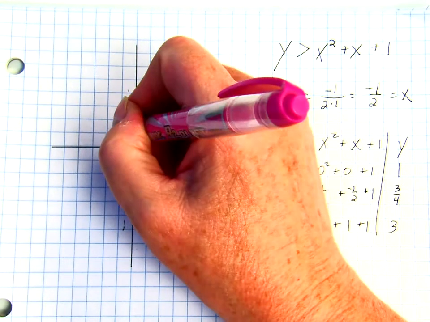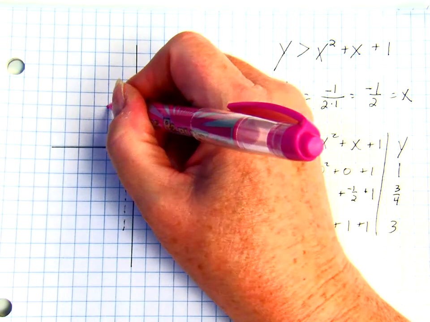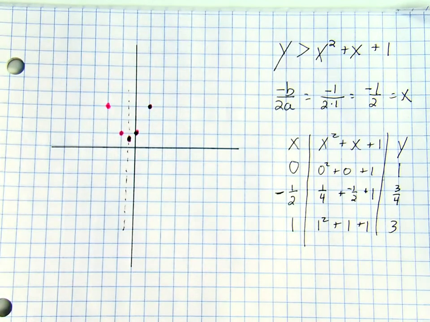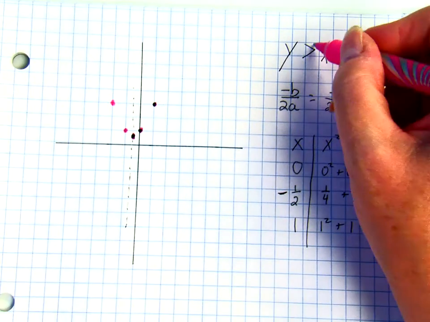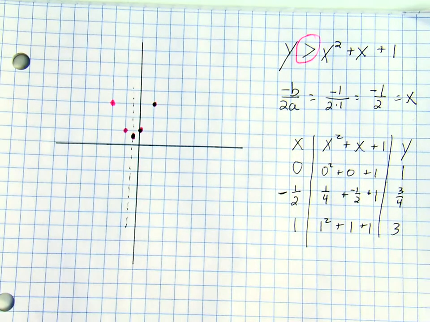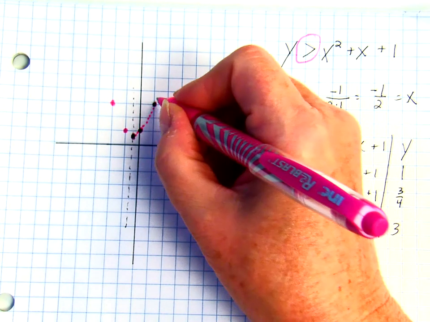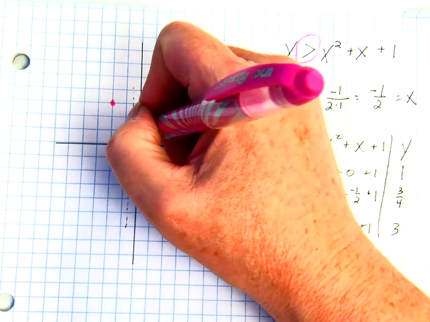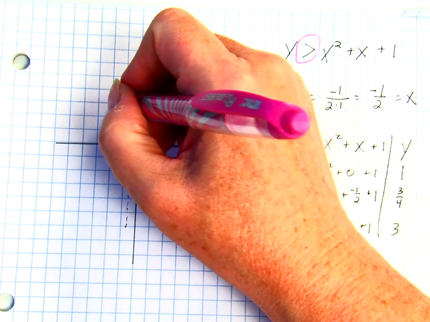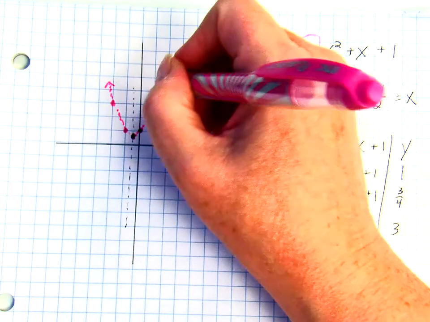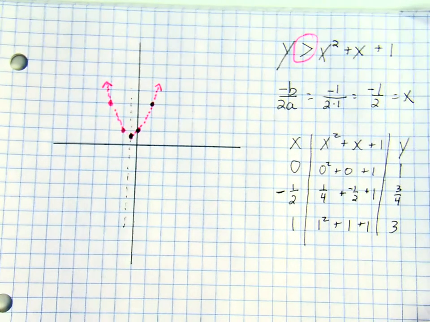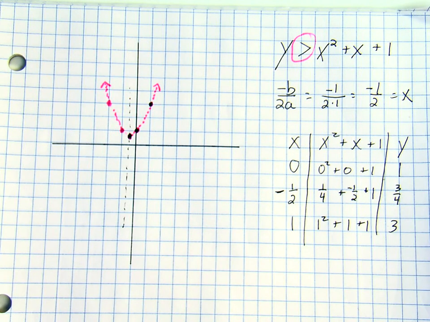Okay, I'll get my other points. Now I'm dealing with greater than, so I'm somehow going to try to dash that line. Okay, it's not real good, but I think that you can get the idea that it's not solid.